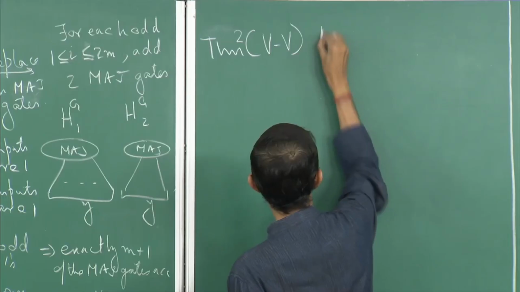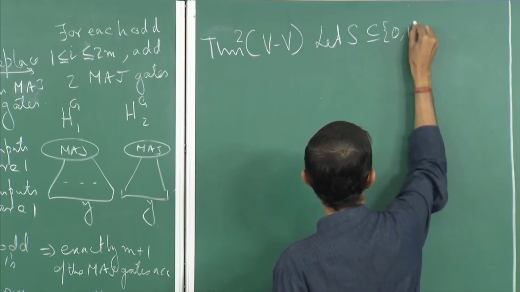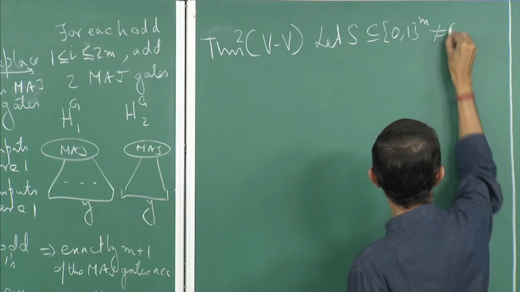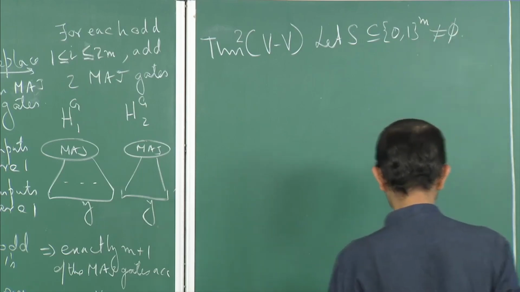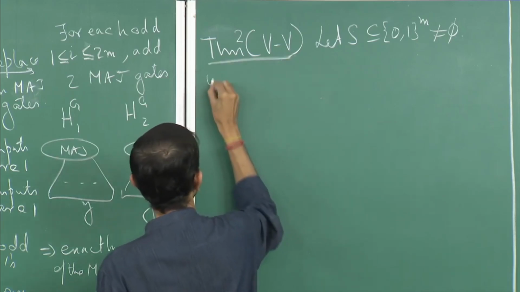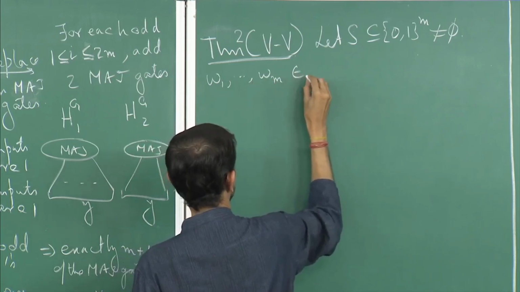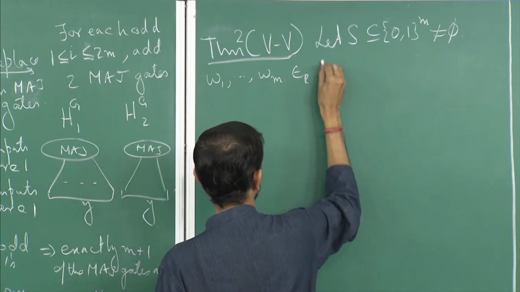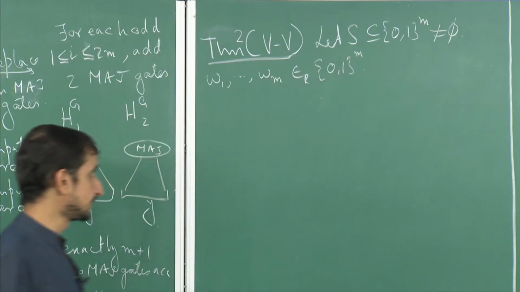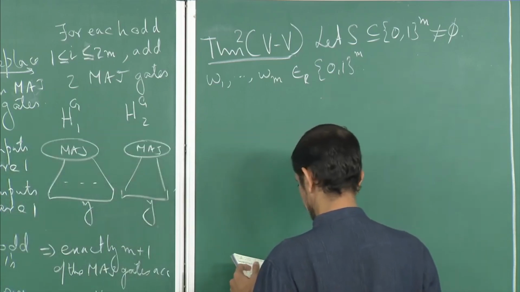Let S, a subset of 0 1 to the power m, be non-empty, and W1 up to Wm are chosen at random. These are vectors which are chosen randomly.